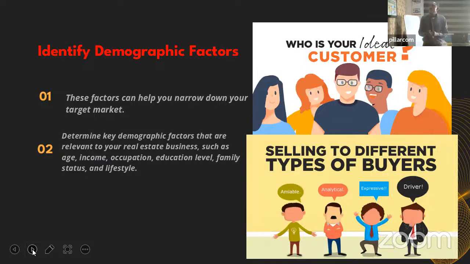All right. Now let's talk about identifying demographic factors. Now, this factor can help you narrow down your target market. Demographic factors can help you narrow down your target market. All right. So, determine key demographic factors that are relevant to your real estate business.